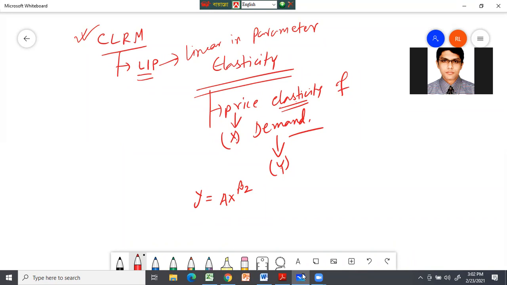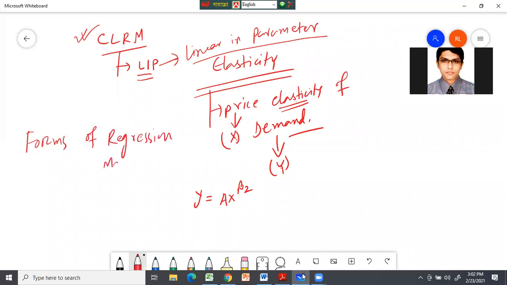So our main objective today is to discuss those different forms of regression model which are linear in parameter, but might be non-linear in variables. So we will talk about those different types of regression model.